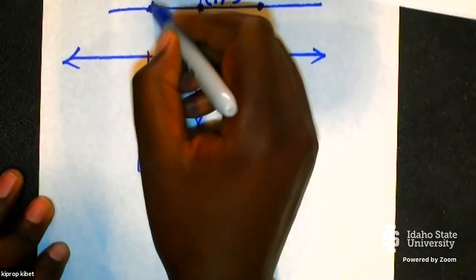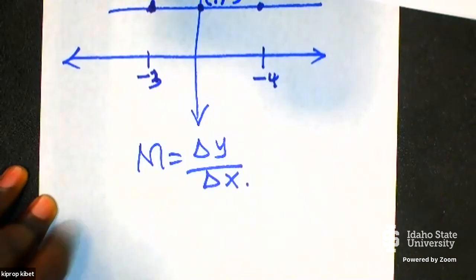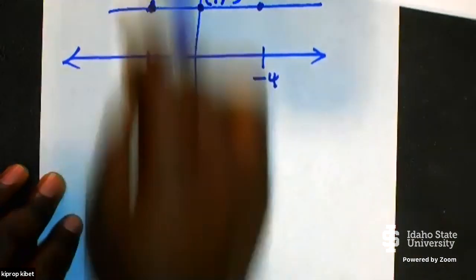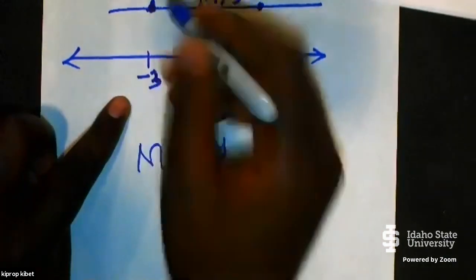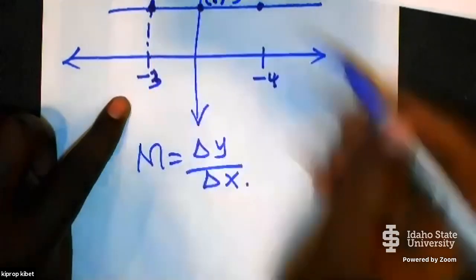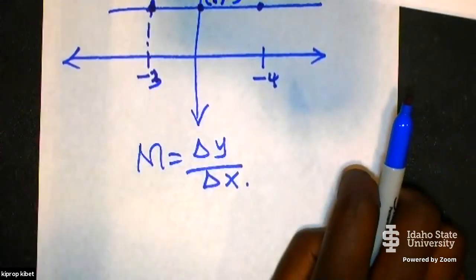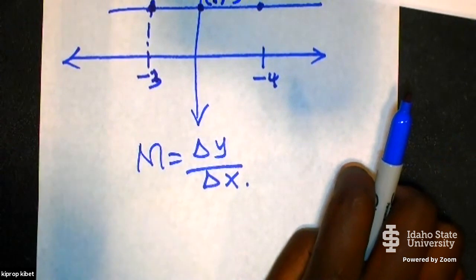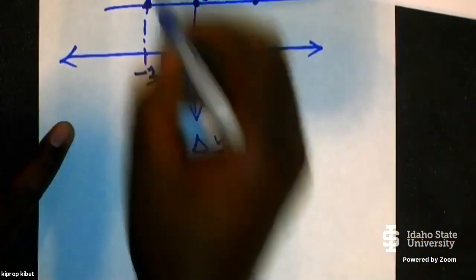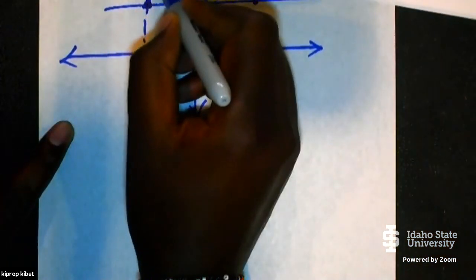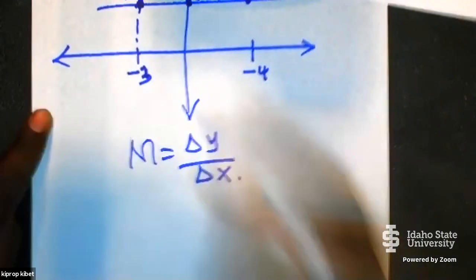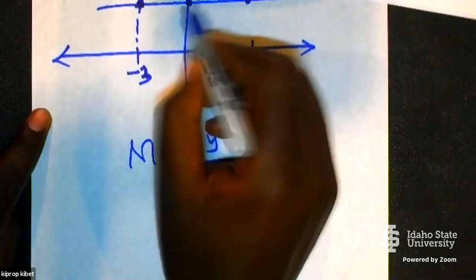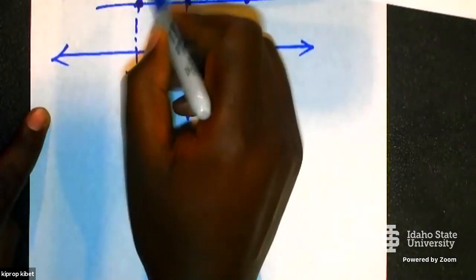So we have 3 here. We have this one 4. So what is this point? It will be -3 and 4, right?